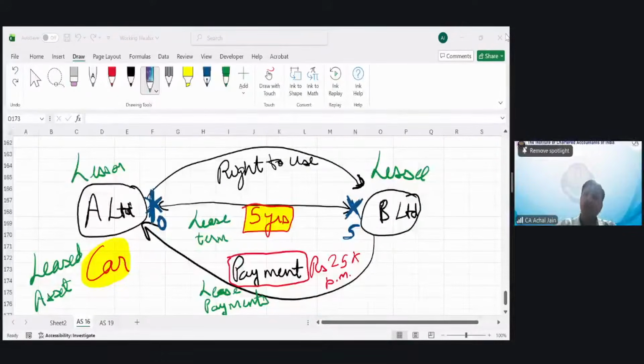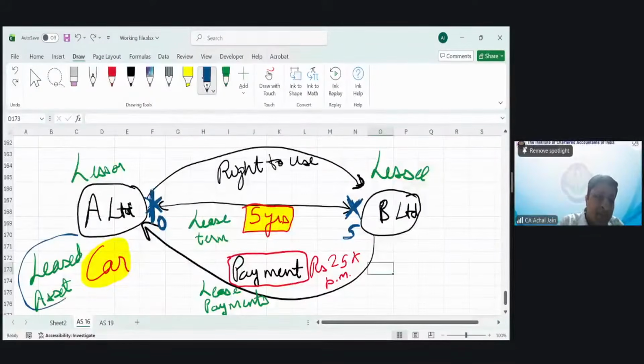Now, in this case, how is this term residual value relevant to us? See, sometimes what may happen is the residual value of this leased asset is guaranteed by B Limited.